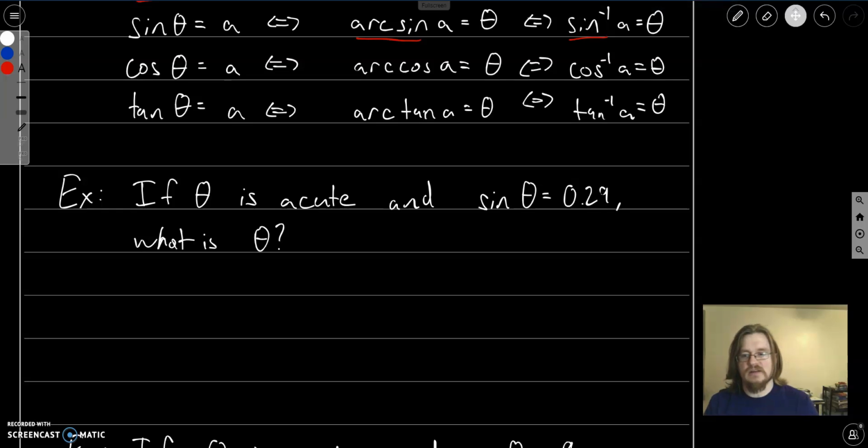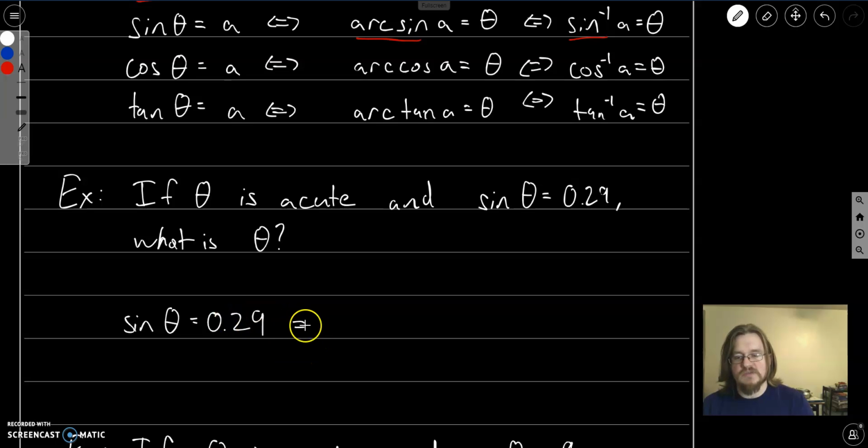So going back here, let me show you my steps. We know that the sine of theta is equal to 0.29. Well, this means that the arc sine of 0.29 is equal to theta.